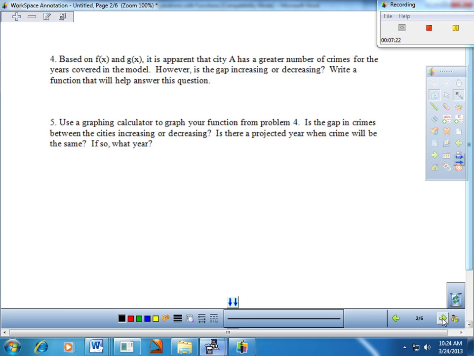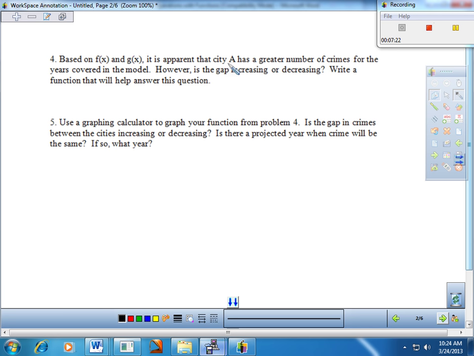Again, just working with these two original functions, f of x and g of x. Now, if we were to graph, I will tell you it is definitely apparent the crime in city A is greater than the crime in city B. So it says based on f of x and g of x, it is apparent that city A has a greater number of crimes for the years covered in the model. However, is the gap increasing or decreasing?